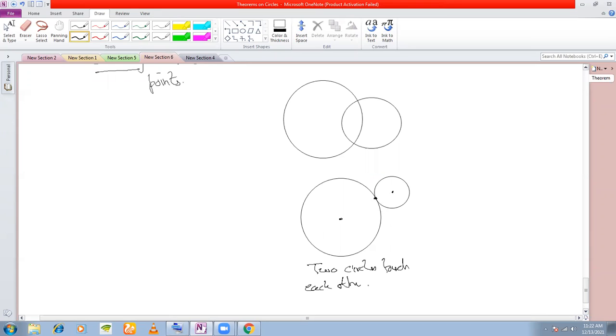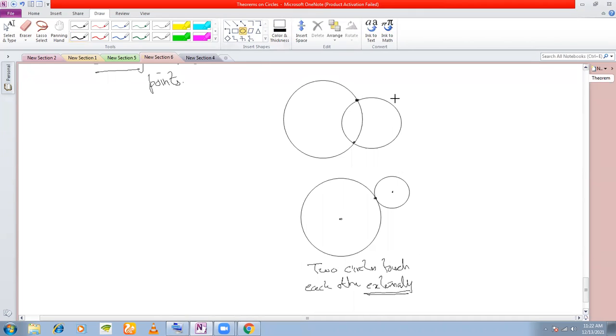And this time we say they touch each other externally. Okay, this is the keyword, externally. So here two circles are intersecting each other at 2 points. Here two circles are intersecting each other at 1 point, right? And they are touching each other externally.